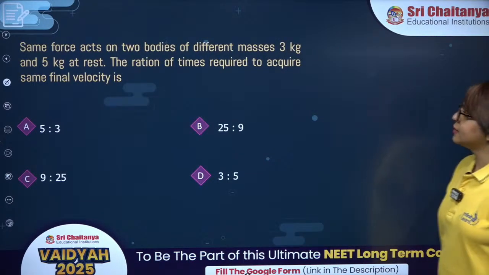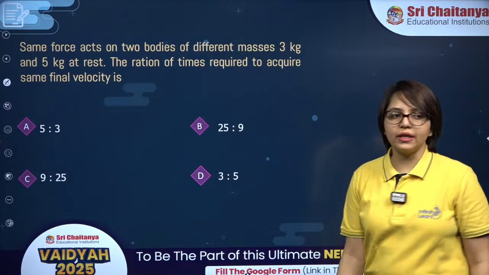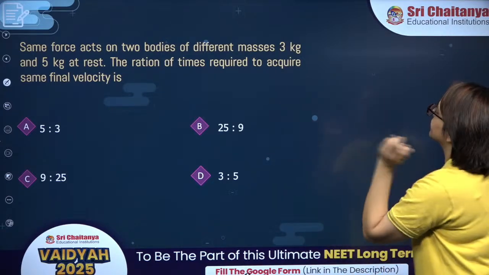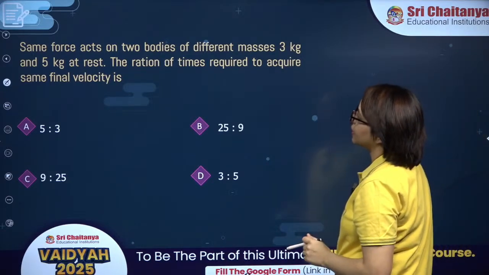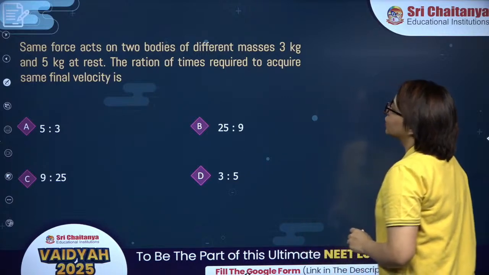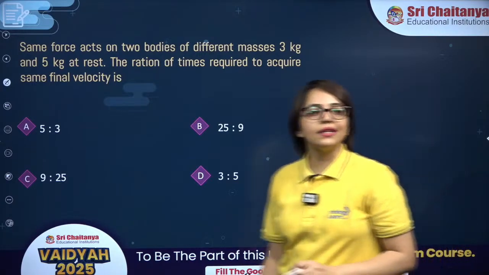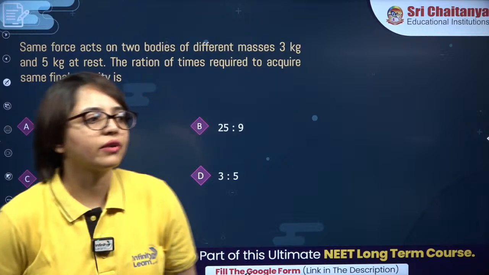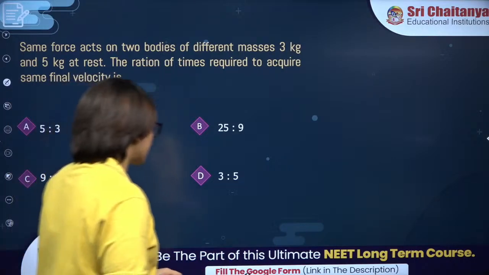Next is this one. The same force acts on two bodies of different masses, 3 kg and 5 kg, at rest. The ratio of times required to acquire the same final velocity is? Try this one, everyone. This is from laws of motion.